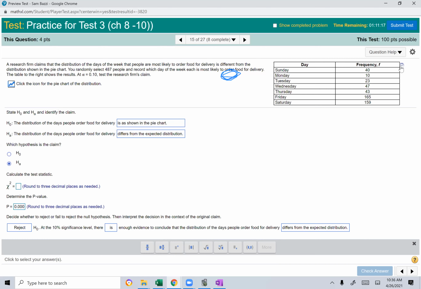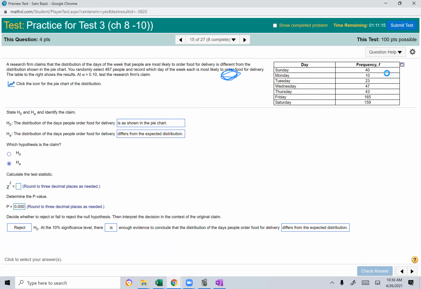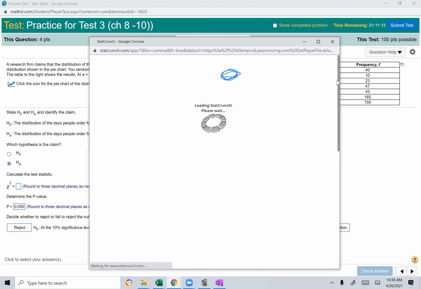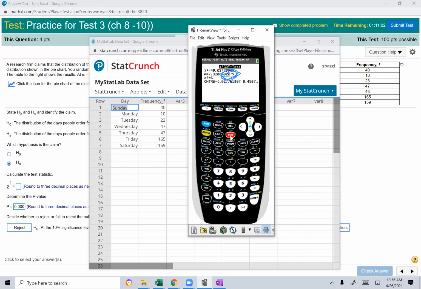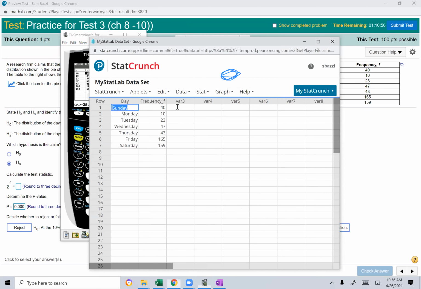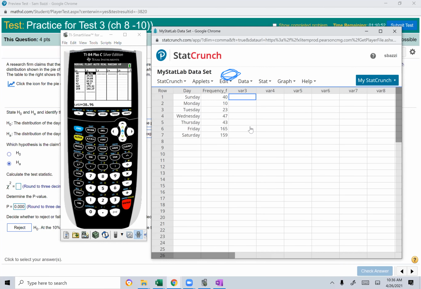How would you do this using StatCrunch? Watch, open StatCrunch. These are the O's. You still need to put the E's in StatCrunch, which you already did on the calculator. So I'm just going to go to the calculator and copy them. So 38.96.